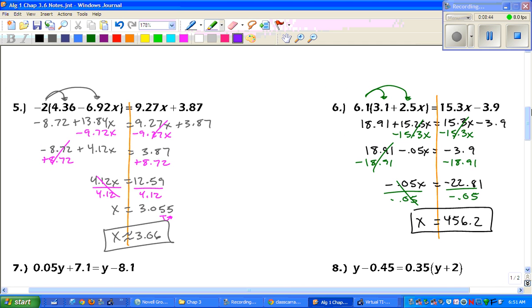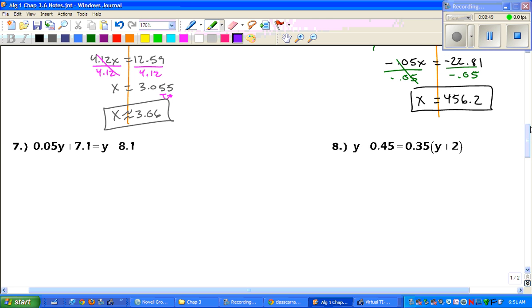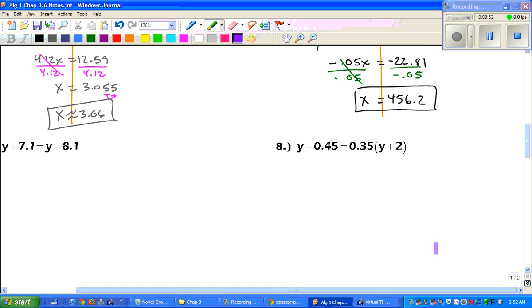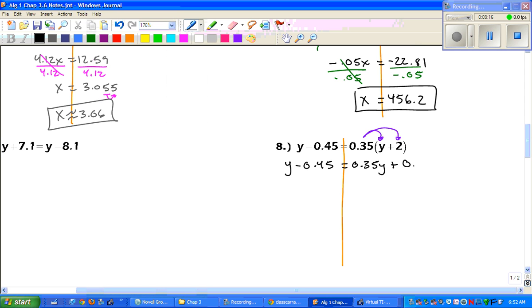All right, I'm going to do one more for you guys, and that's going to be it for today. We'll do 8 since we've got to distribute on that one. Draw the line. We have to distribute on the left-hand side. So y minus 0.45 equals 0.35y plus 0.35 times 2 gives us 0.7.